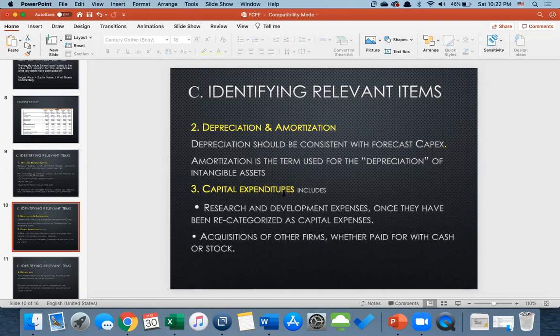For the capital expenditure, it is like R&D expenses once they have been recategorized as capital expenditures. Another capital expenditure item is acquisitions.